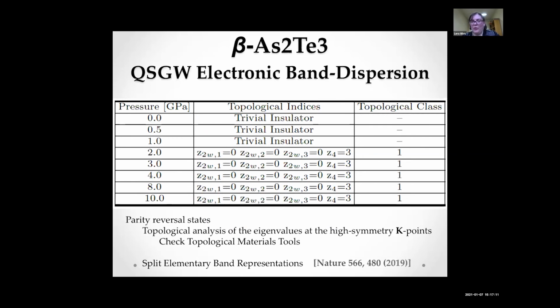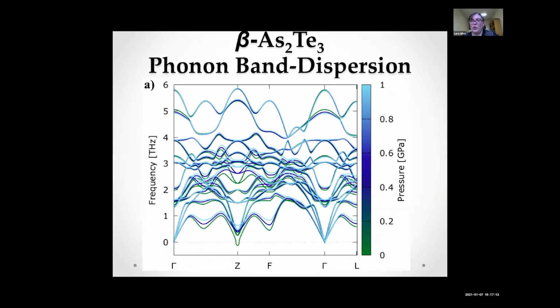Now, going away from the electronic properties, let's look at the vibrational properties of the system. In order to see if a system is dynamically stable, in other words, if experimentally you can synthesize it in a lab, we really need to look at the phonon properties.